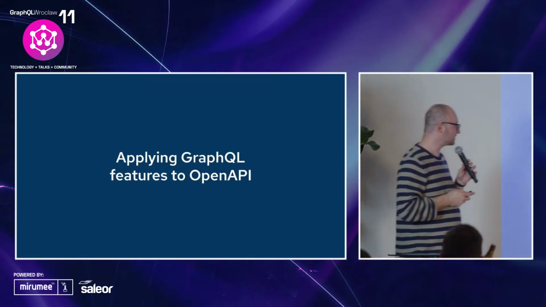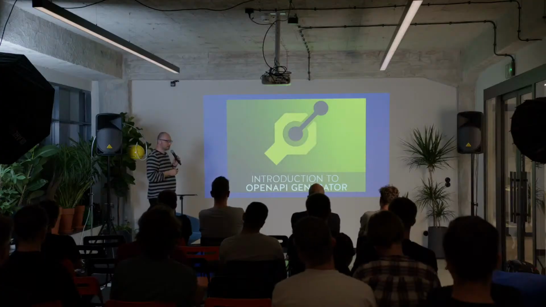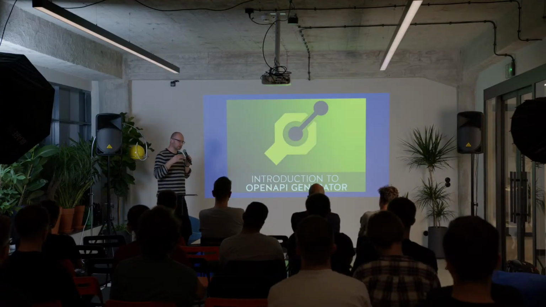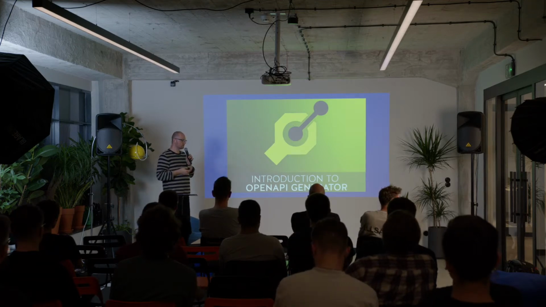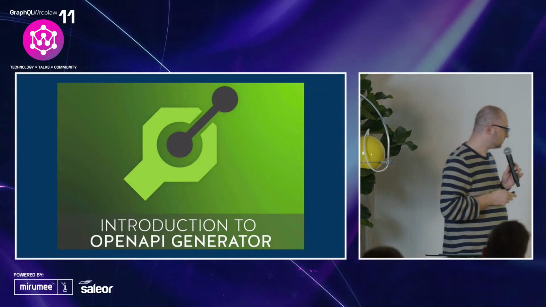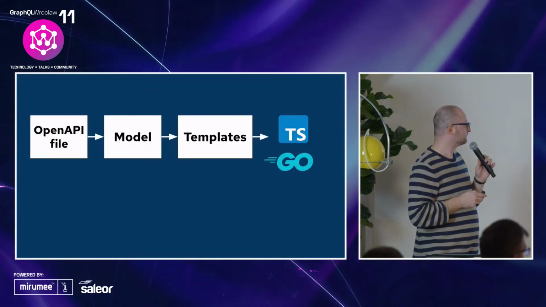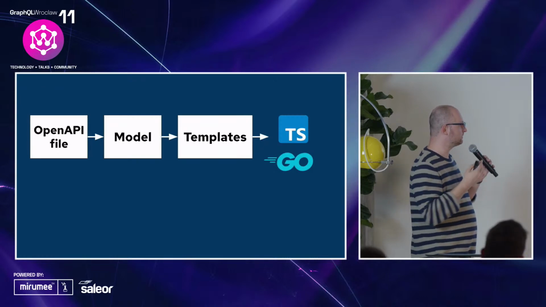So how can we apply these GraphQL features to OpenAPI? There are a number of generators out there. Microsoft has one. The most popular one is based on Swagger. The early version of OpenAPI was called Swagger, so the project was called OpenAPI Generator. Let's cover how the OpenAPI generator works.